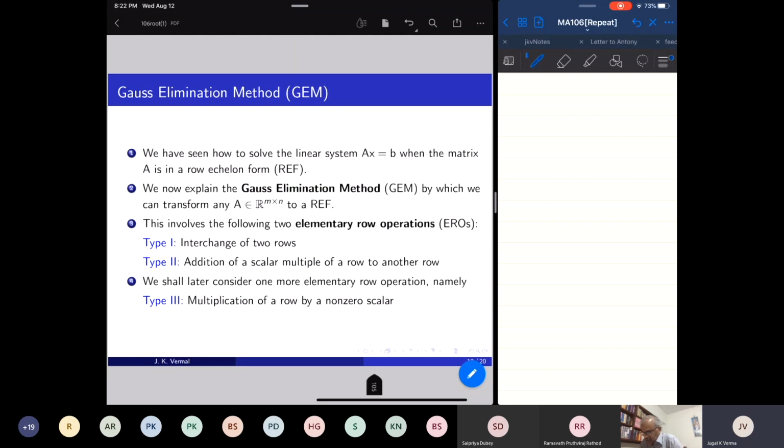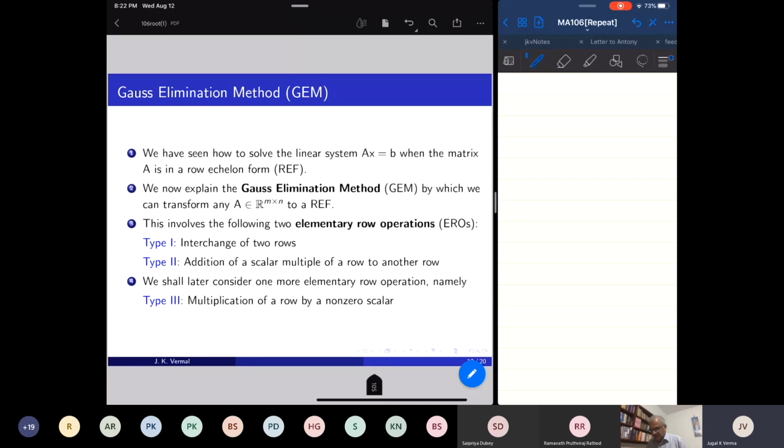Interchanging 2 rows, which corresponds to interchanging the 2 linear equations in a system of linear equation, adding a scalar multiple of a row to another row, multiplying a row by a non-zero scalar. So if I have many linear equations, if I multiply one of the linear equations by a non-zero scalar, yeah, then it is not going to change the solutions at all.